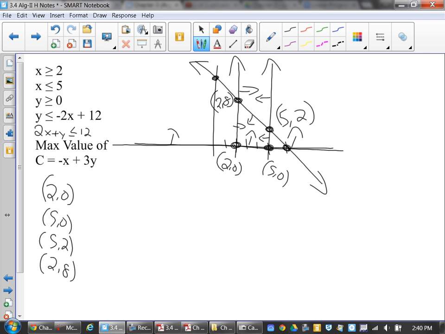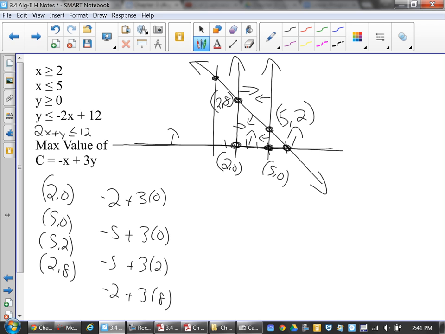Substituting values to find the maximum value, so it's just negative 2 plus 3 times 0, negative 5 plus 3 times 0, negative 5 plus 3 times 2, negative 2 plus 3 times 8. Boy, I bet you we can look at this and figure out which one is going to be the maximum value. 3 times 8. What's 3 times 8?